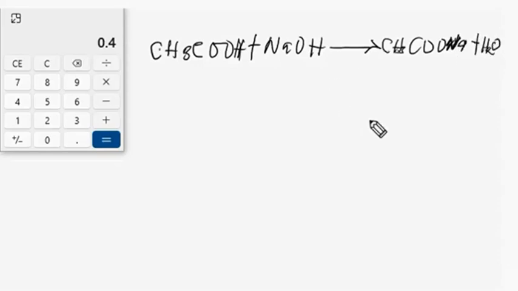So guys, with this we can tell that 1 mole of ethanoic acid will produce 1 mole of sodium ethanoate.